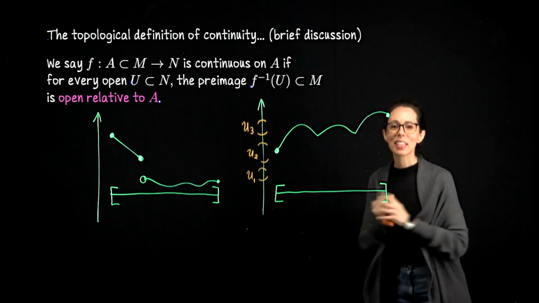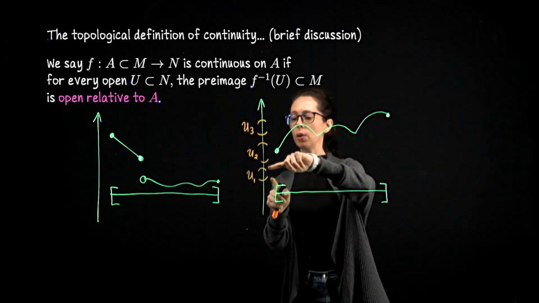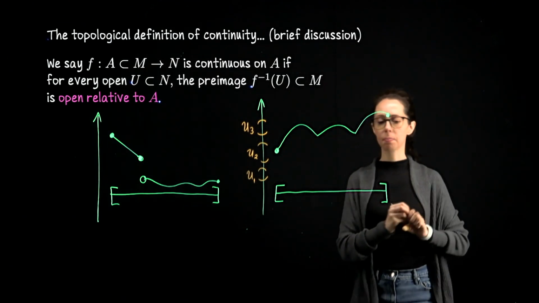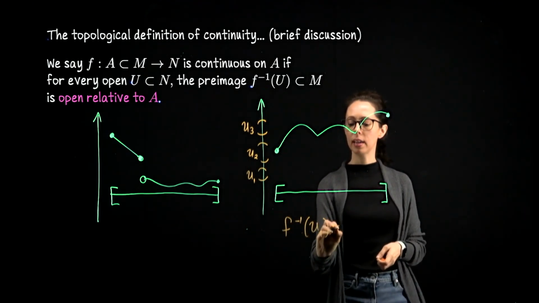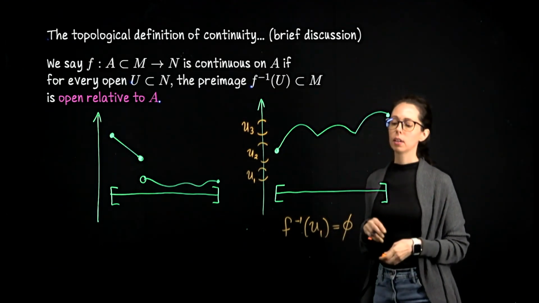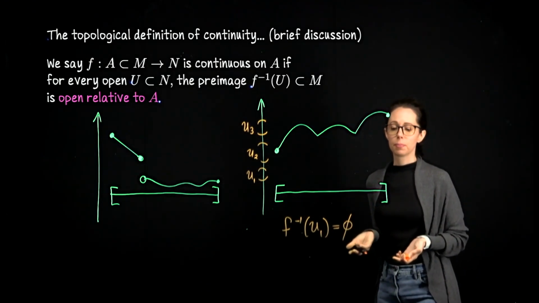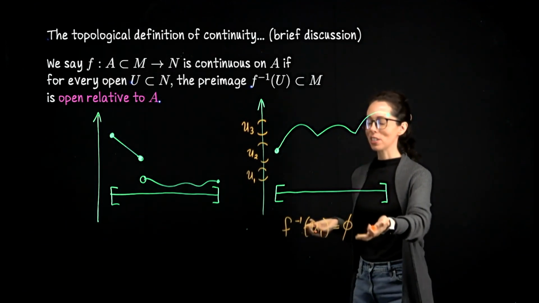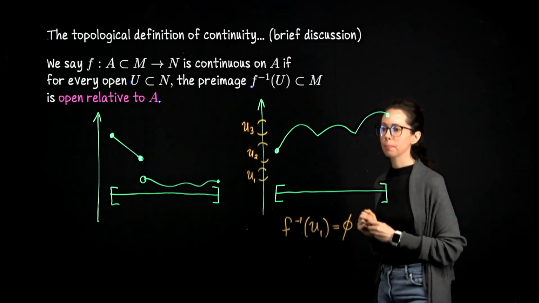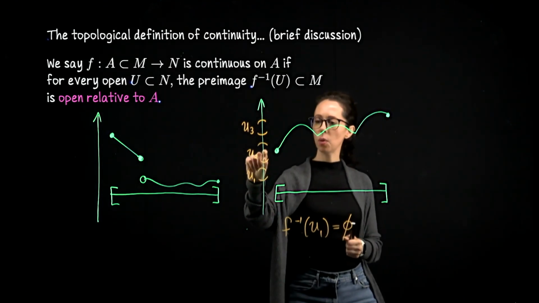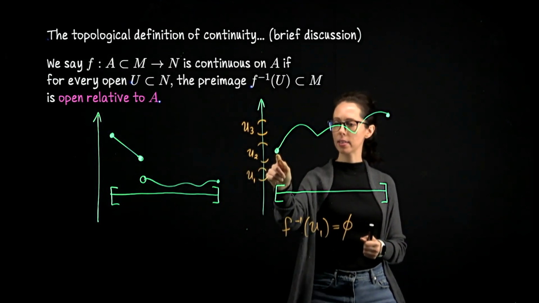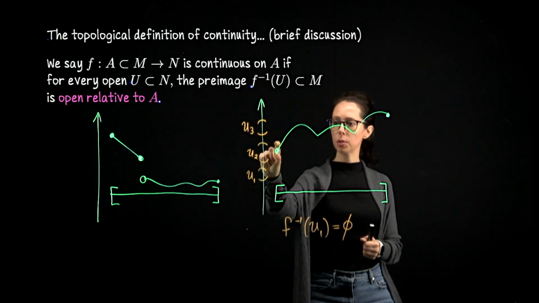I think U1 is the easiest, so we'll start there. Who maps to U1? Nobody. So, calling this function f, the preimage of U1 is empty, which is open. So that's fine. The preimage of U1 is an open set. What about U2? Nobody maps here, and then this endpoint maps to U2 up to about here.